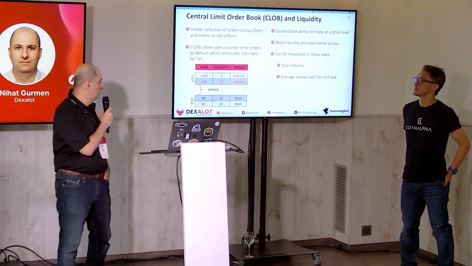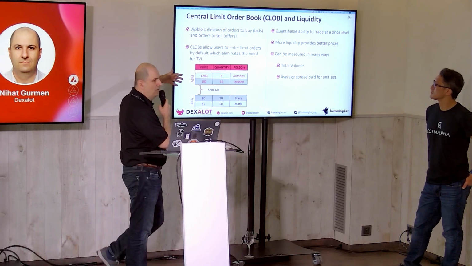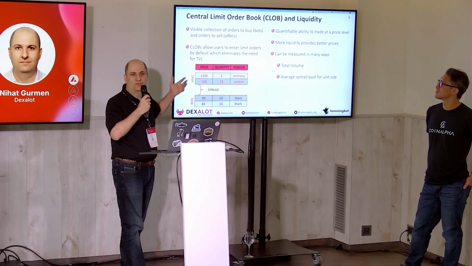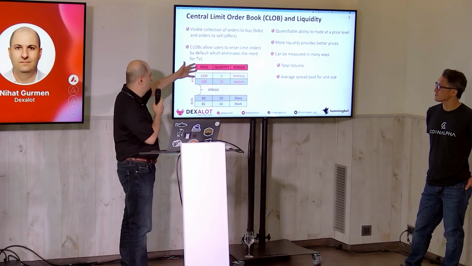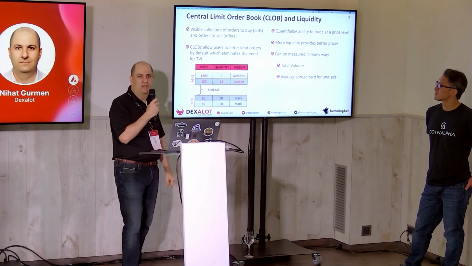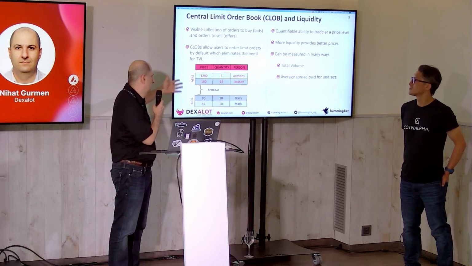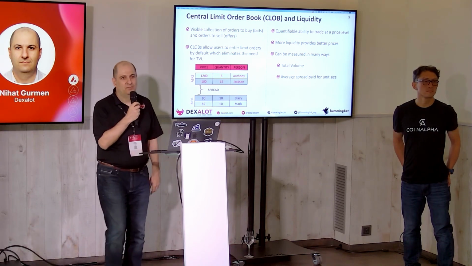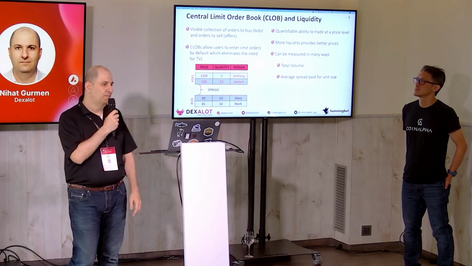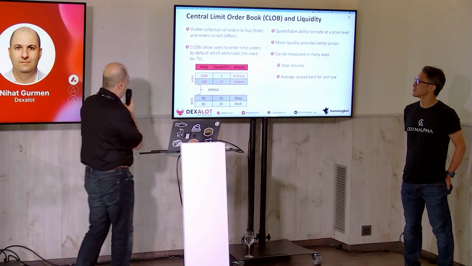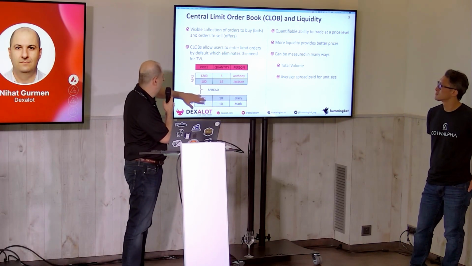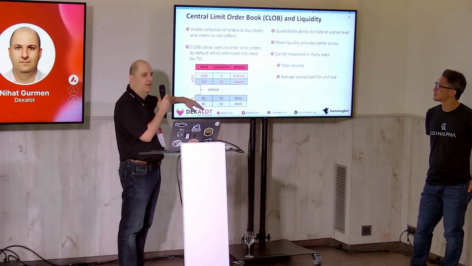And just like you customarily see on Binance or Coinbase, Dexalot shows these buys and sells in a traditional order book fashion. And this is the sell side. This is the top of the book on the buy side.